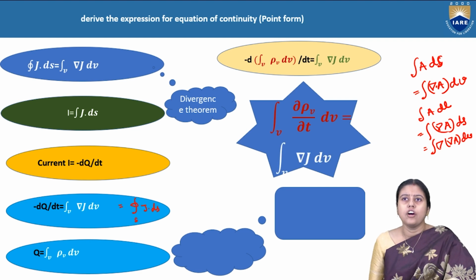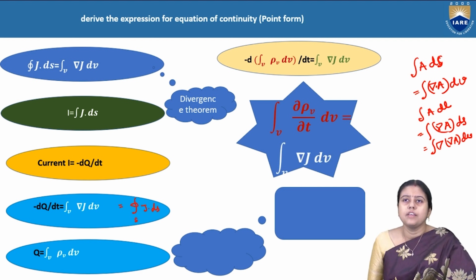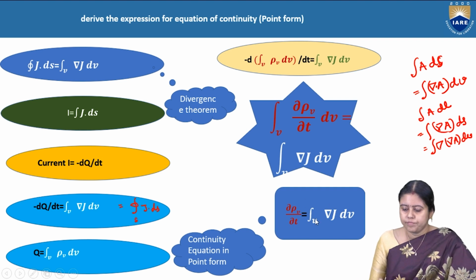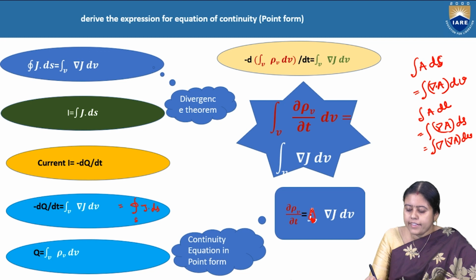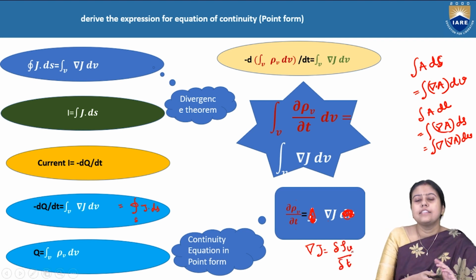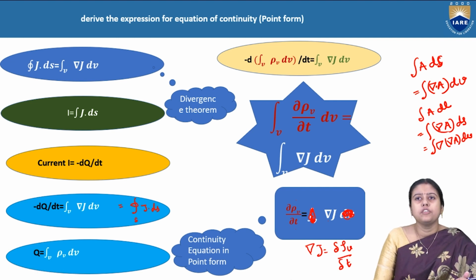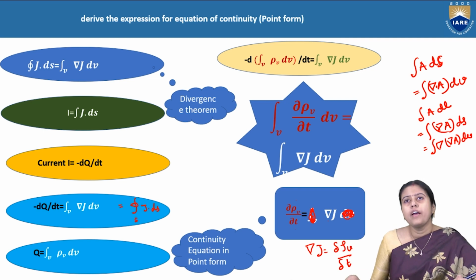So grad dot J is equal to minus delta rho v by delta t, and this is the continuity equation in the point form. So we got the continuity equation in the integral form and in the point form.